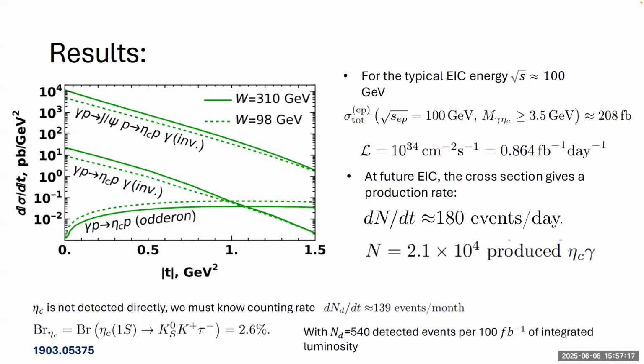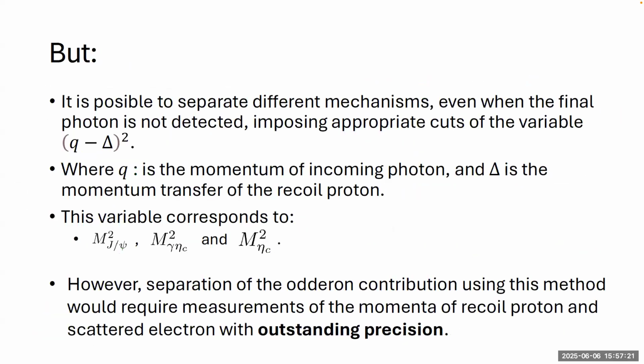We have some hope experimentally. Yes, it is possible to separate different mechanisms even when the final photon is not detected, imposing appropriate cuts on the variable Q minus delta squared, where Q is the momentum of the incoming photon and delta is the transverse momentum of the recoil product.